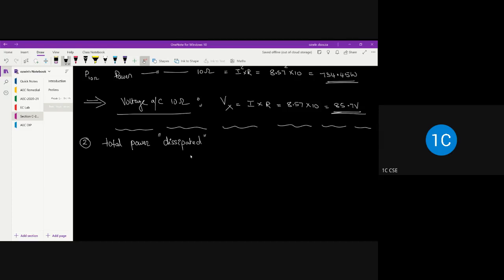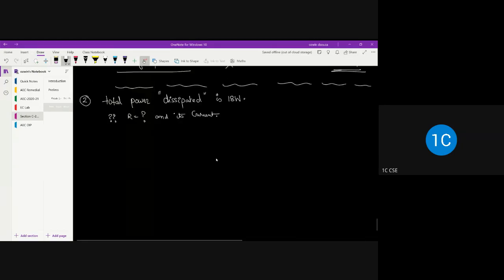The total power dissipated in the circuit shown below is 18 watts. Find the value of R and its current.